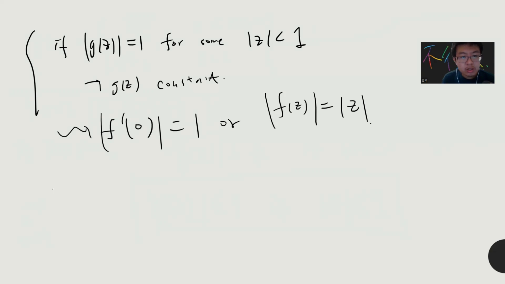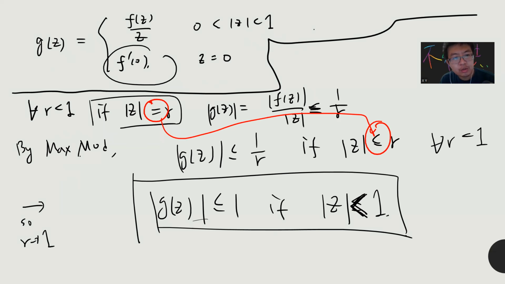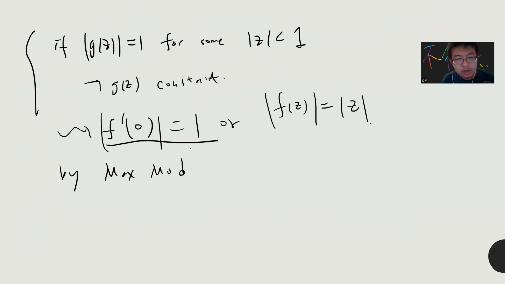Okay, and so finally, now let me just explain what is going on. So if |f'(0)| is 1 and g(z) is constant, this tells you that g(z) is c. g(z) is constant.